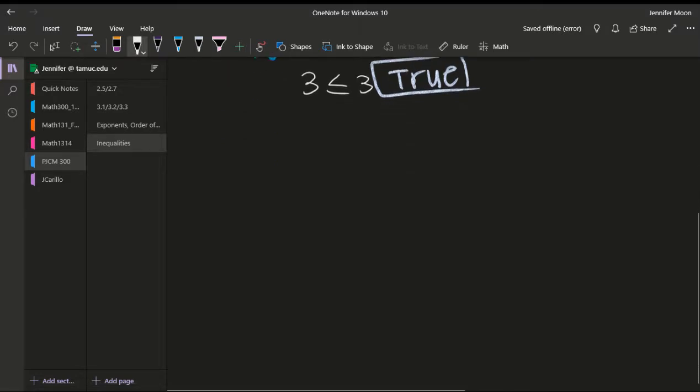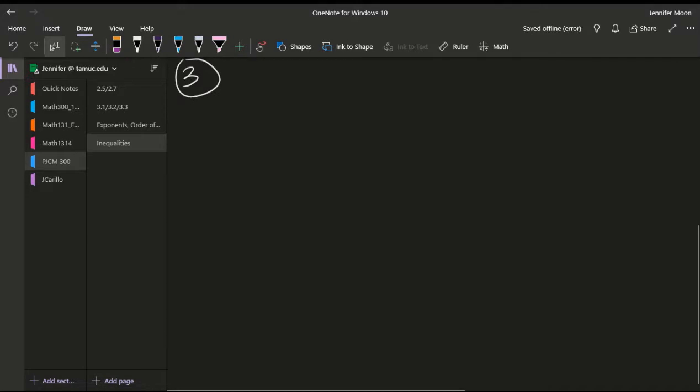Okay, let's do another example. Say we have 7 times 5 plus 7 times 7 greater than. It's really easy to mess up. I kind of think I remember being taught that this sort of looked like an alligator mouth and it opens to the bigger value, right? Because alligators are hungry, they want more, not less.